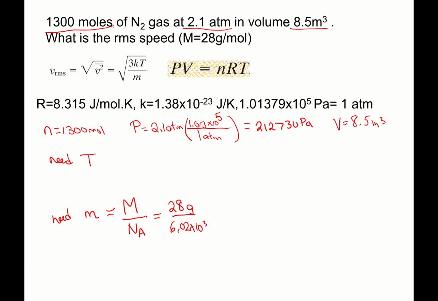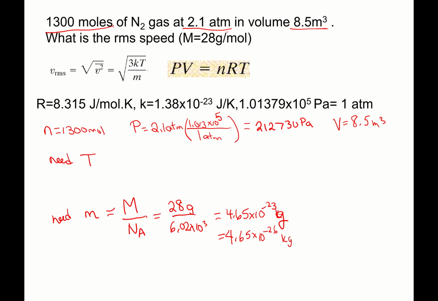And I get 4.65 times 10 to the minus 23 grams. I need to put that into kilograms, so divide by 1,000: 4.65 times 10 to the minus 26 kilograms per molecule.